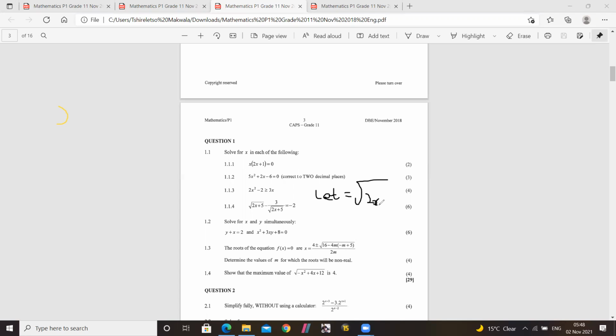So that's another type of question, a let type of question, where you change the variable. And this happens if you see two things. I'll tell you when you use this let type.